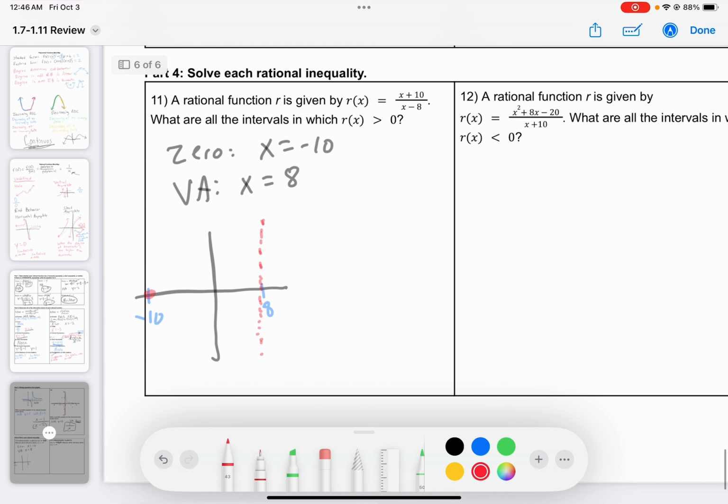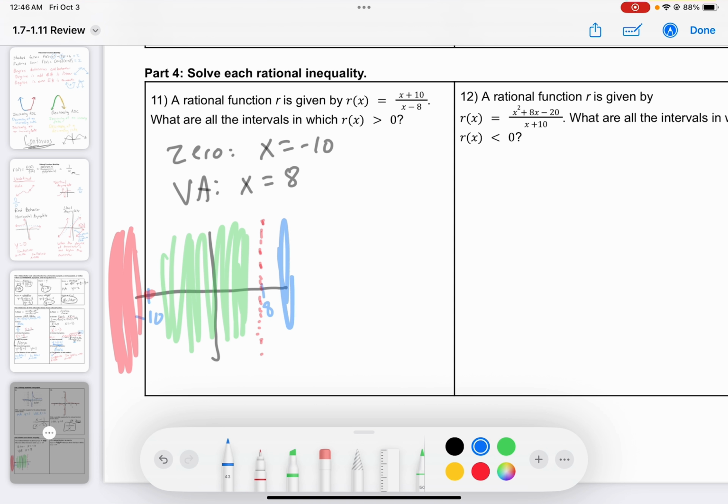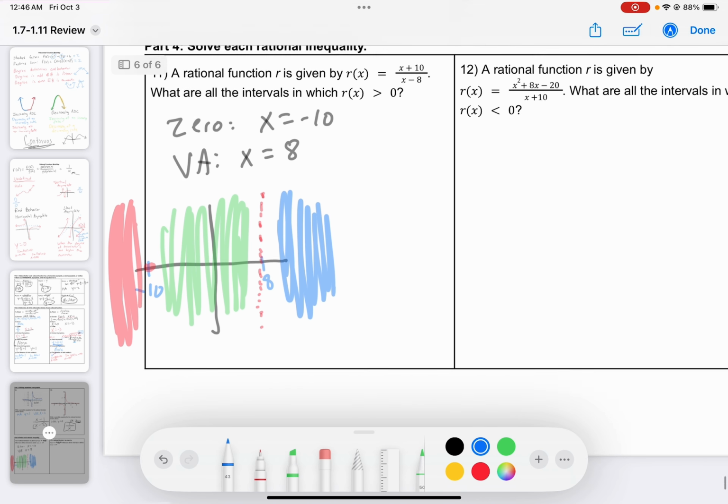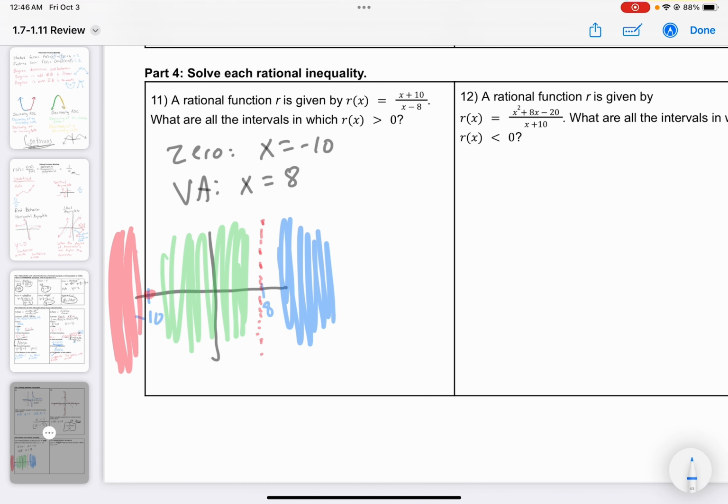So we want to know what's happening in this range, in this area, and in this area. So what are those 3 areas?